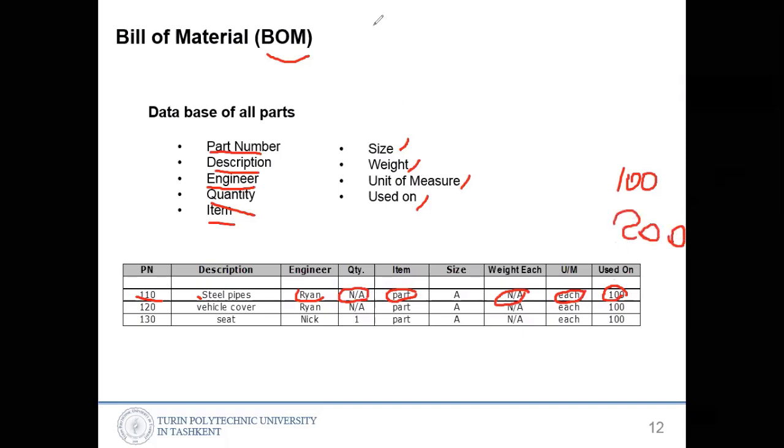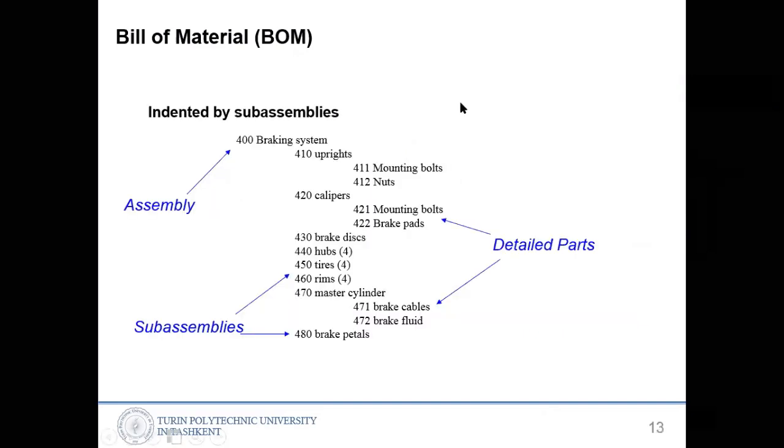Okay, so this kind of database or table of information about the parts is called a bill of material, or shortly BOM. So how can an assembly be included, numbered, or identified?